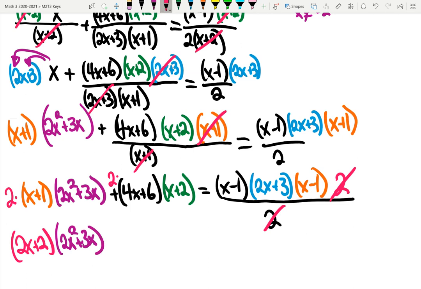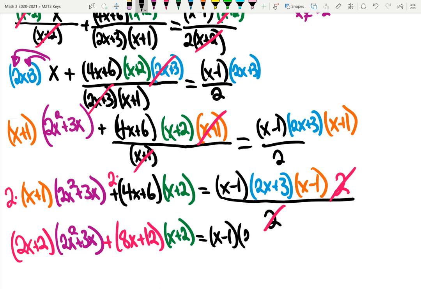I'm going to distribute the 2 here, plus 8x plus 12 times x plus 2. And then I'm going to clean up this side. X minus 1 times 2x plus 3 times x minus 1.